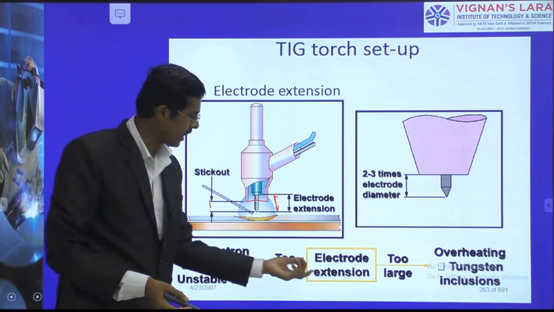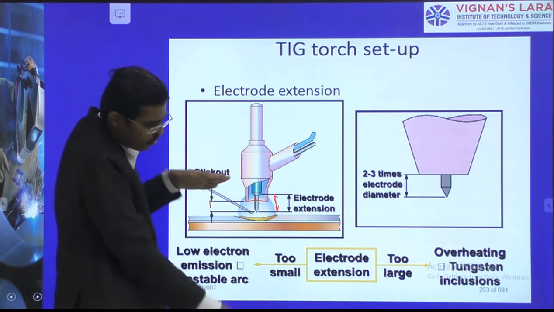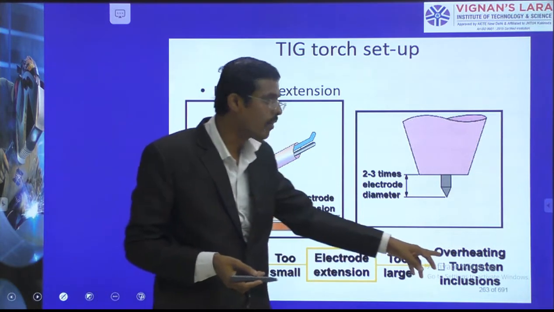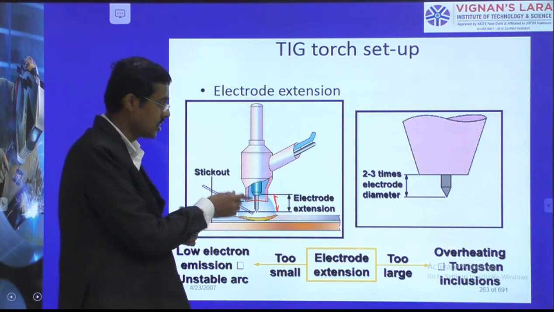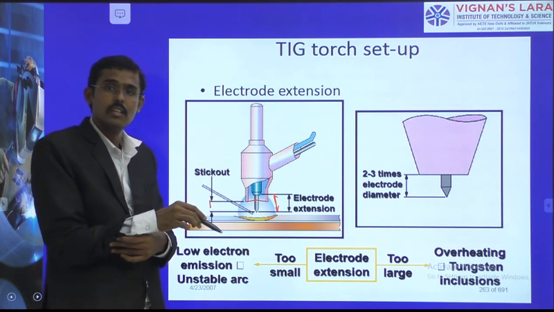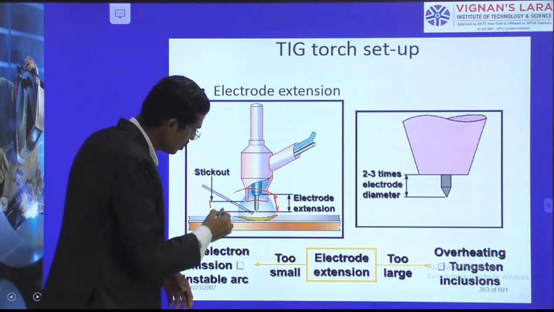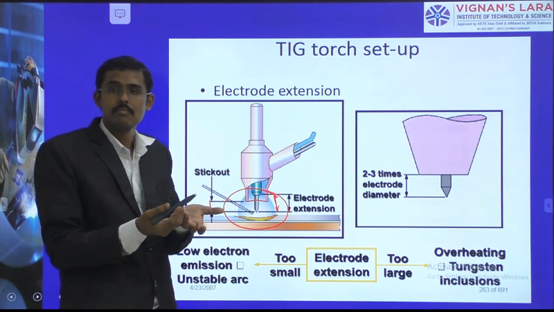Now, if the electrode extension is too large, and we keep extending it, the arc length increases. What happens? Overheating of the tungsten. Because this is tungsten, it is going to generate heat. When it is exposed to the plasma zone, it is also heated.